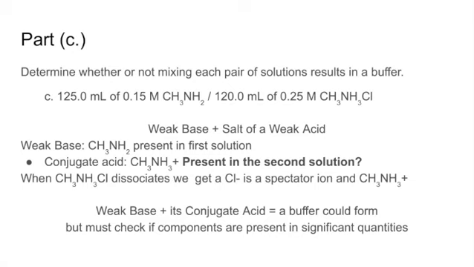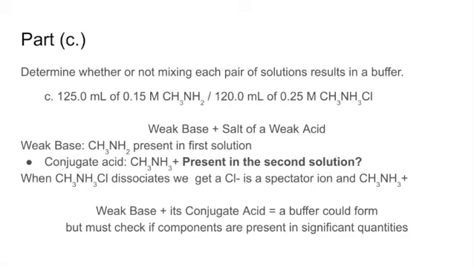In the second solution, we have the salt CH3NH3Cl. When this dissociates, we get a Cl- as a spectator ion, and we do get CH3NH3+. Therefore, in the mixture, a weak base and its conjugate acid will be present, so a buffer could form.